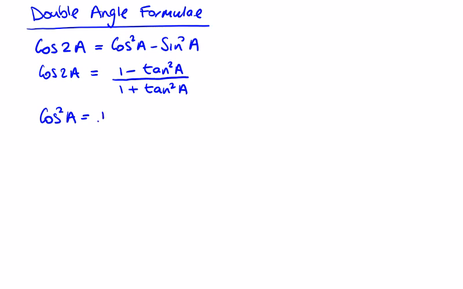It can be written as 1 over 2 times 1 minus cos 2A, or you could just put 1 minus cos 2A over 2, whatever way you choose.